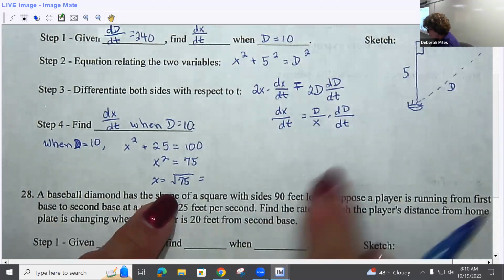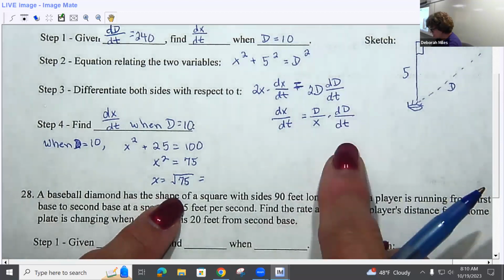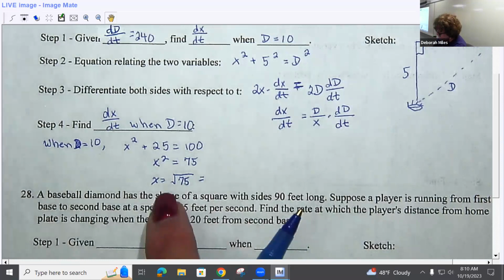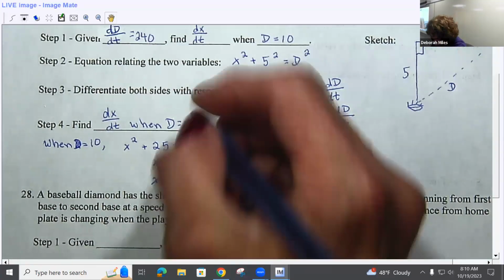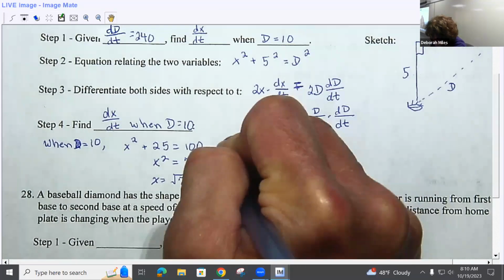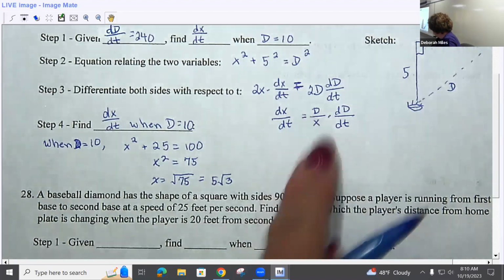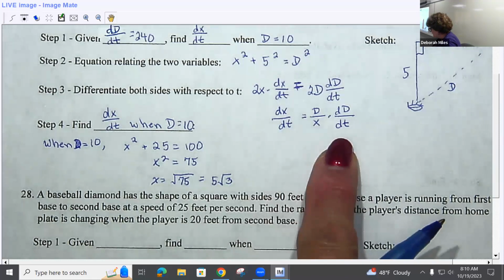Which you can simplify or not. You're going to eventually end up getting me a decimal approximation of that answer. I found it easiest if I went ahead and said 75 is 25 times 3 and take the square root of the 25, just leave the 3 under the radical. It allowed me to simplify that expression more easily.